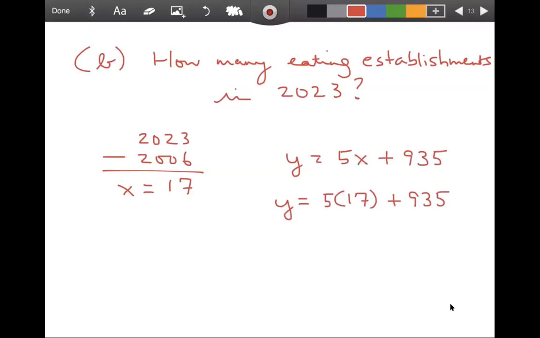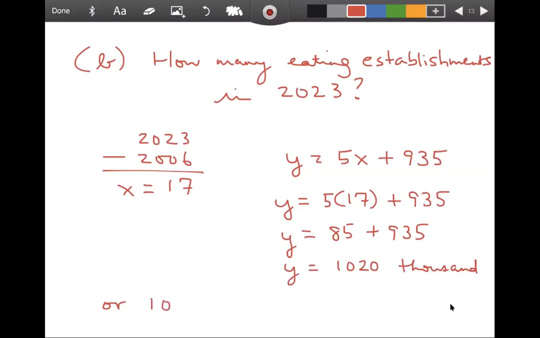All right, this model predicts that in 2023, the number of eating establishments will be 1,020,000. I think that sounds kind of funny, 1,020,000. That means this many, 1,020,000.